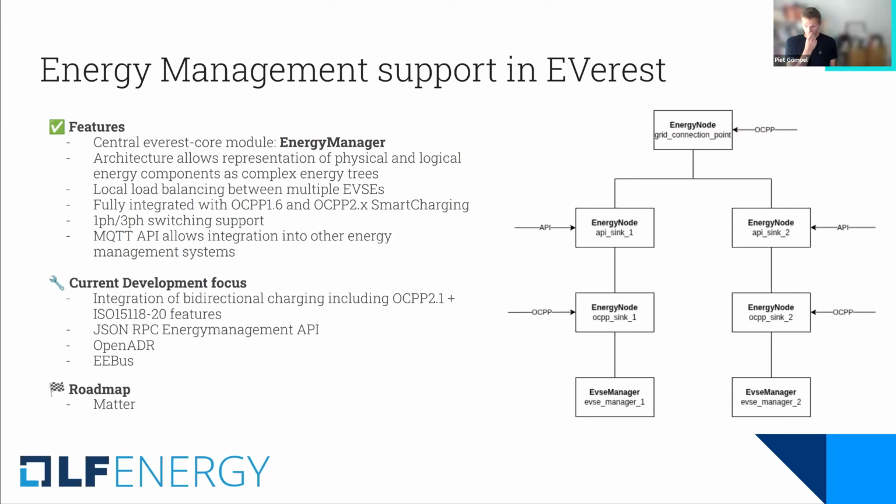We have the phase switching support, switching between 1-phase and 3-phase, which means if the available power drops below a certain limit, maybe because of an OCPP limit, for example, below 4 kilowatts, you cannot provide that on 3 phases anymore because you need 6 amps on every phase. So if you activate this in your energy manager, and the charging station supports phase switching, which is a requirement, then you can switch between 1 phase and 3 phase.